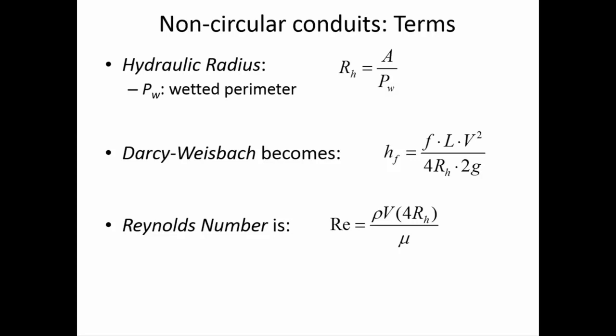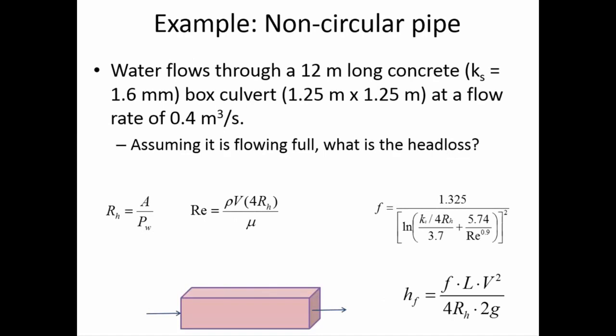If we were using this version of Reynolds number and we didn't have a circular pipe, then we make Re equal to velocity times 4 times the hydraulic radius divided by the kinematic viscosity. So we just drop in 4 times R sub H in place of the diameter that would ordinarily be there. So you get the idea. With relative roughness, instead of epsilon divided by D, it's epsilon divided by 4 times the hydraulic radius.